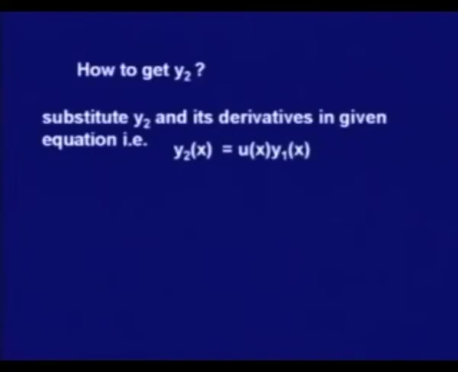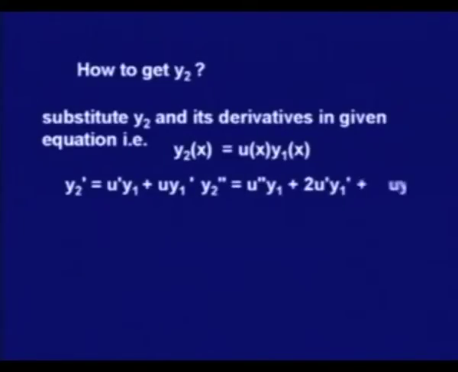That is, y2 is u(x) times y1(x), y2 dash is u dash y1 plus u y1 dash, and y2 double dash is u double dash y1 plus 2 u dash y1 dash plus u y1 double dash. We put all these in the given equation y double dash plus p(x) y dash plus q(x) y equal to 0.